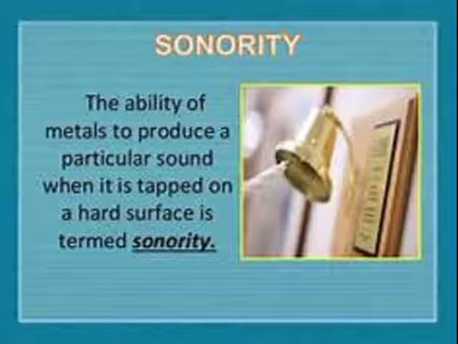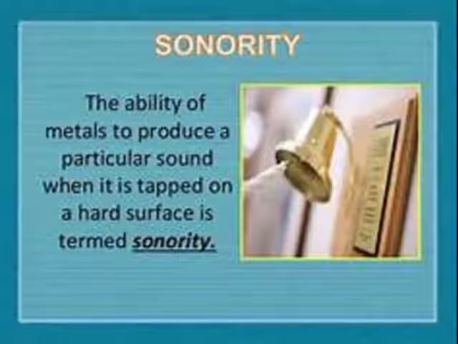Sonority means the ability of metals to produce a particular sound when tapped on a hard surface. What is the metal that your school bell is made of? Your school bell is made up of brass. So metals are sonorous. They produce sound on striking.